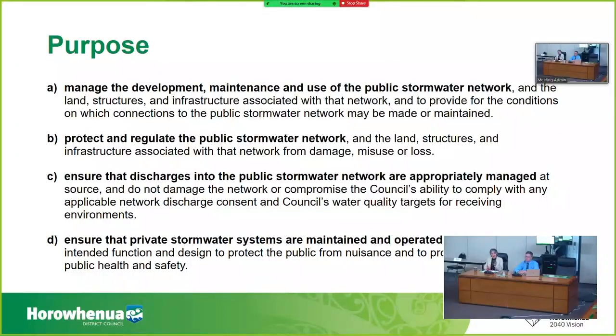That's where the private properties or land comes in. Ensure that private stormwater systems are maintained and operated in accordance with the intended function and design to protect the public from nuisance and promote and maintain public health and safety.